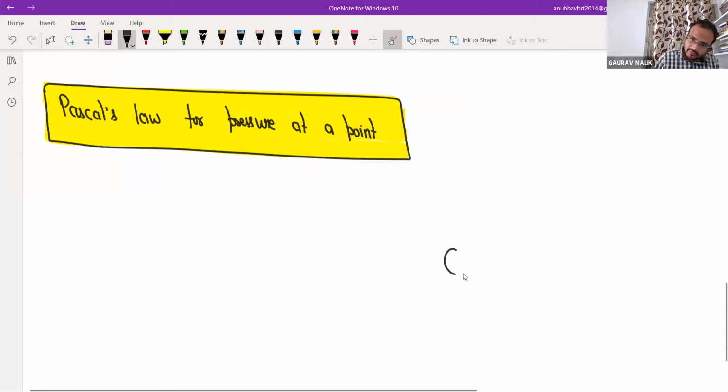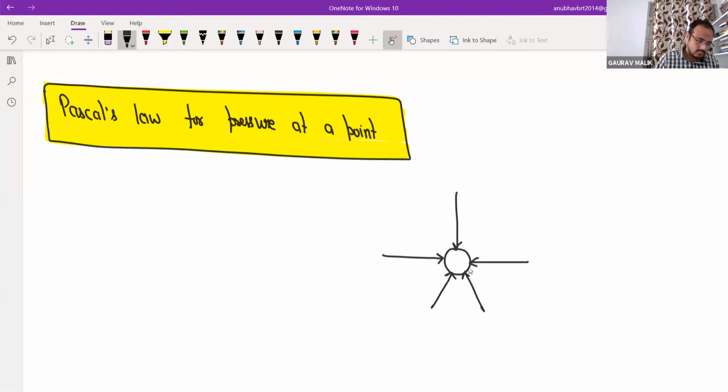Suppose we have a point in a fluid system, then from every direction, P, a point in a fluid system.